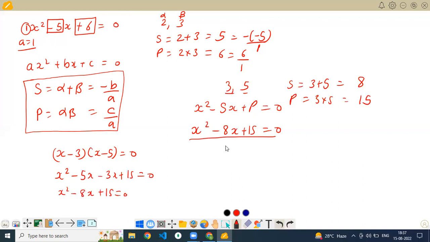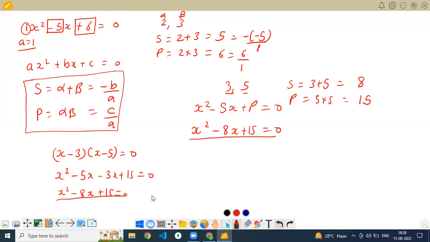Same equation. So why should I follow this complex multiplication, expanding the bracket and doing all these arithmetic? I simply know this formula: x square minus sx plus p is equal to 0. If the roots of the equation are given, then you can find the equation by x square minus sx plus p is equal to 0.